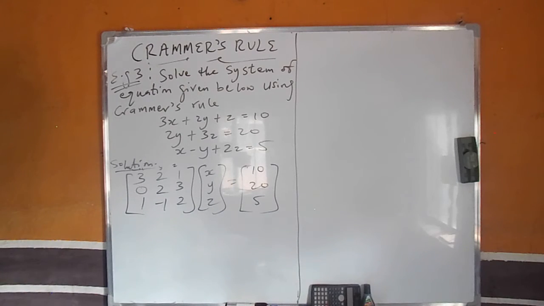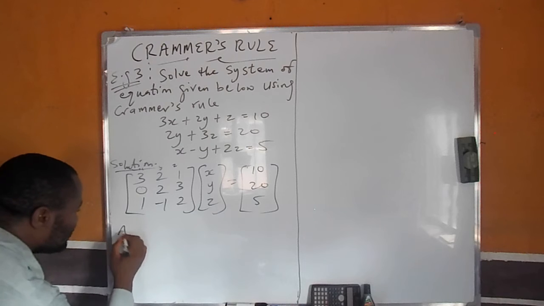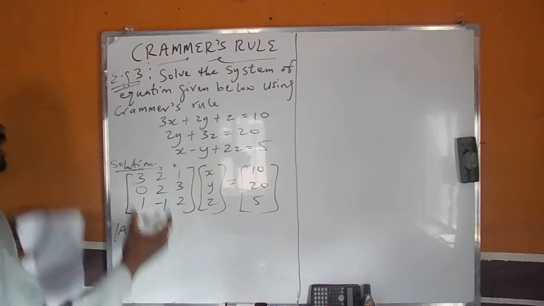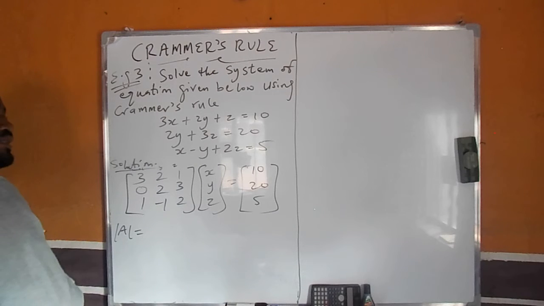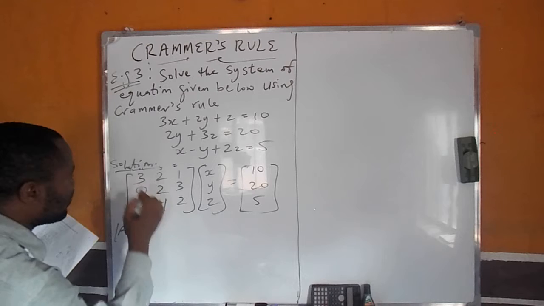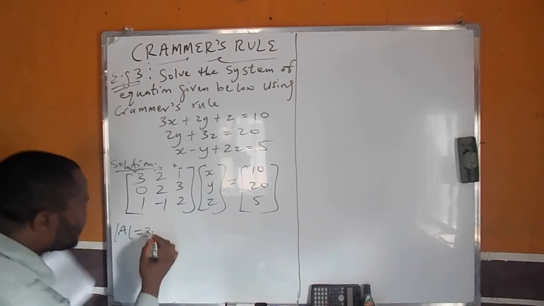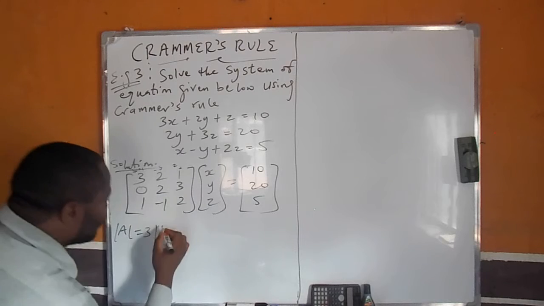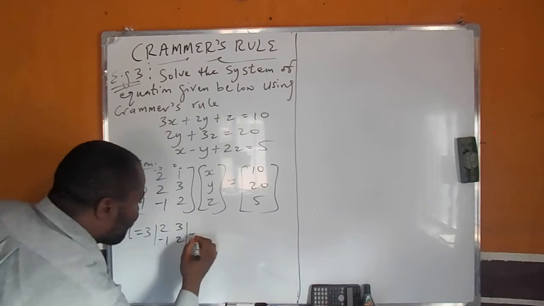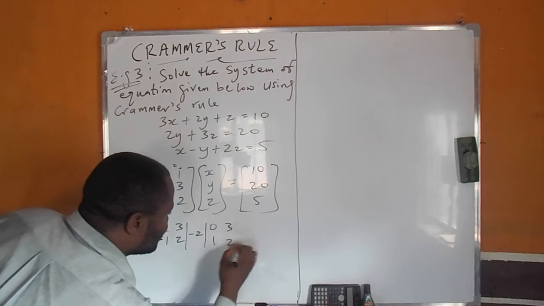Now we want to look for the determinant of A. The determinant of A equals, we use this only to look for the determinant of A. Just like we solved in the last example, we say 3, this one here, which carries a positive sign, negative, positive. 3, we now cancel what is on the same line, 2, -1, 3, 2. We now have -2. Then if we cancel it, we have 0, 1, 3, 2.